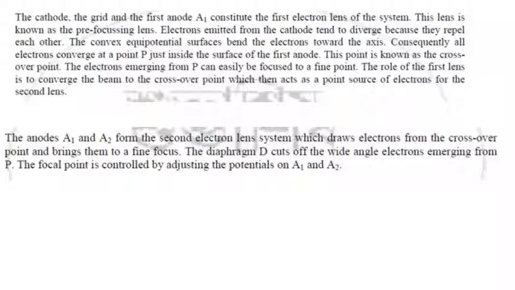The role of the first lens is to converge the beam to the crossover point, which then acts as a point source of electrons.